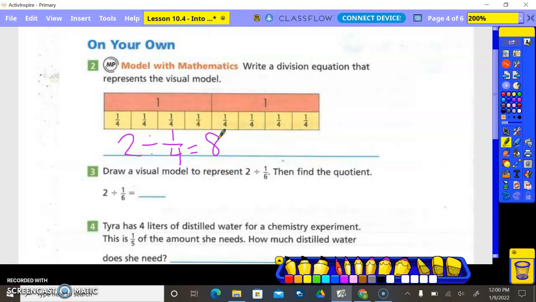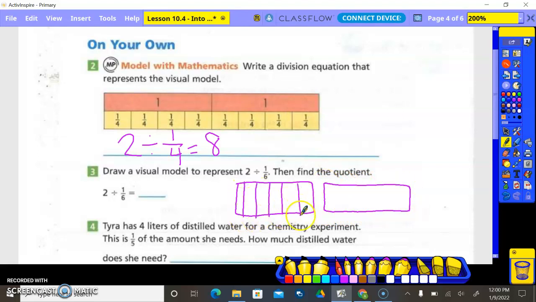Draw a visual model to represent 2 divided by 1/6, then find the quotient. We have 2 total, so we'll draw 2 rectangles and break those into 6 pieces. After we do that, we get a total of 12 sections.